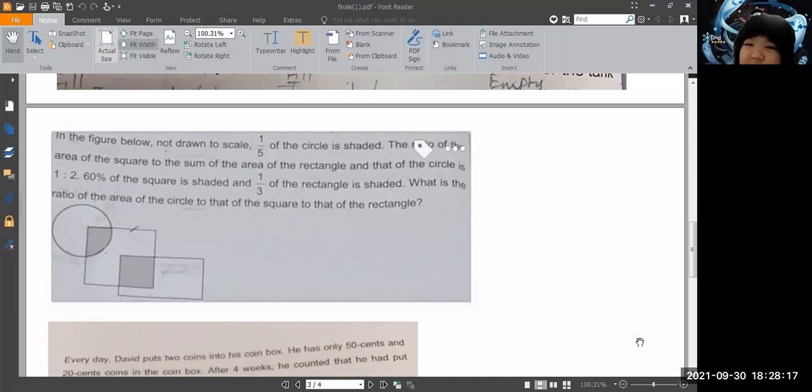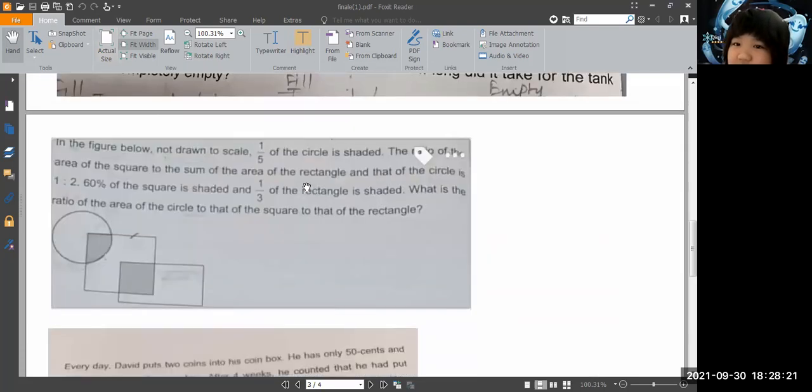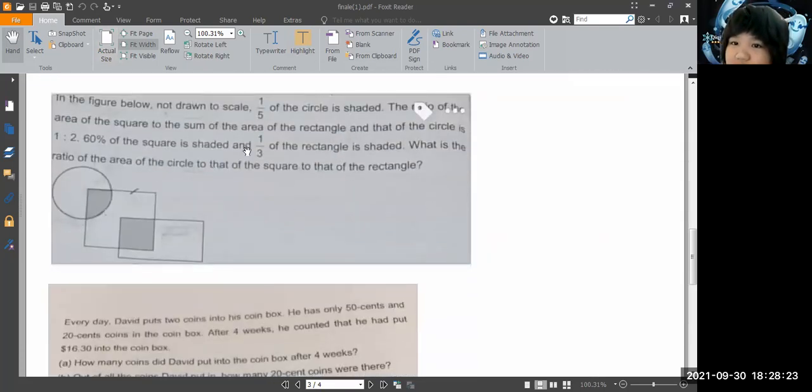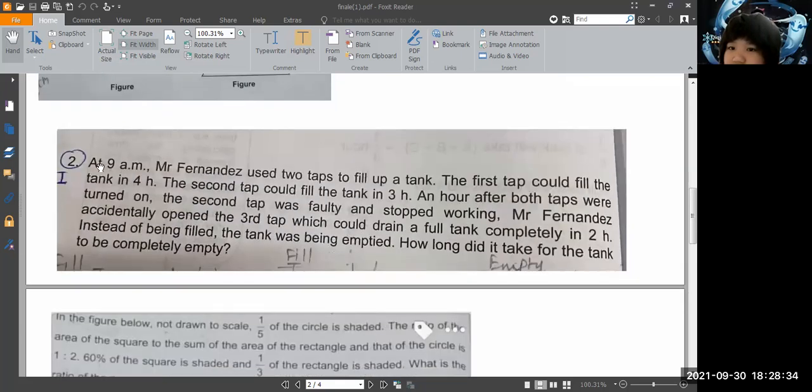I only completed up to here. Here means this one or here? I only completed up to that side, so I haven't done this question yet. Oh, okay.